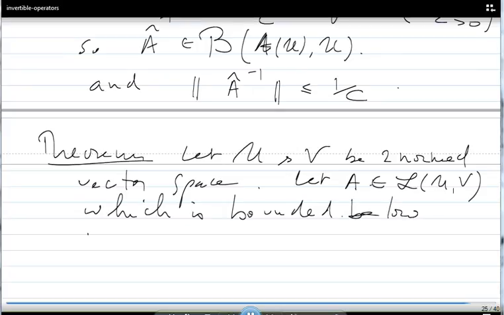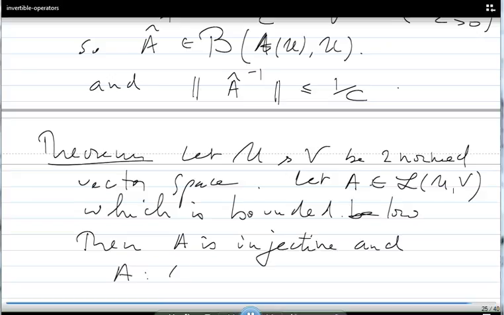Then A is injective, and A going from U into the range of A is invertible.